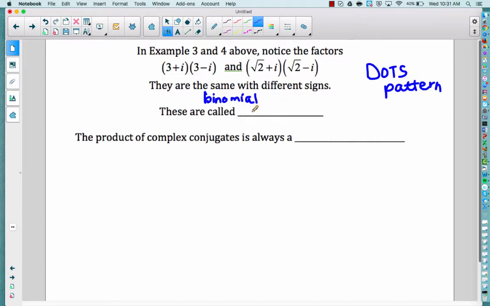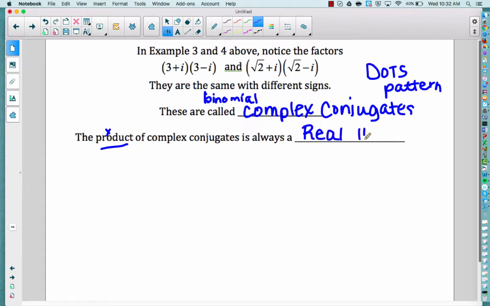And these are called complex conjugates. The product, which means multiplication, of complex conjugates is always going to be a real number.